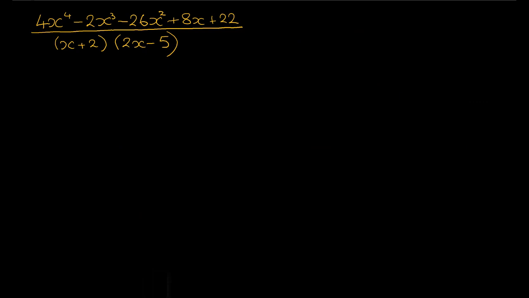Tough looking one here. What we need to do first with this one is we need to divide first, and that's because what we've got here is an improper fraction. So it's improper because on the top we've got an x to the power of 4.